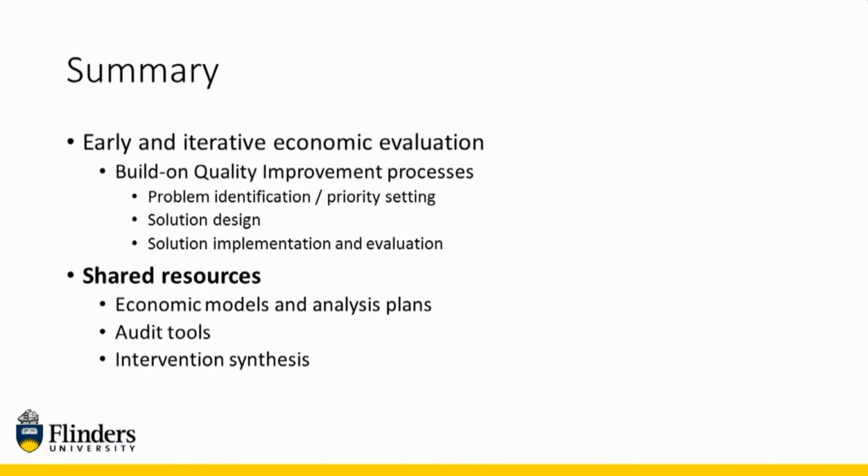part of our objective is not to just do this here at Saarland, but is to develop shared resources or common resources that can be used across different local health services. So in our hypoglycemic example, we're developing an economic model, we're doing audits, we're doing an intervention synthesis. A lot of that information can be used and save time if other health services want to do similar things.